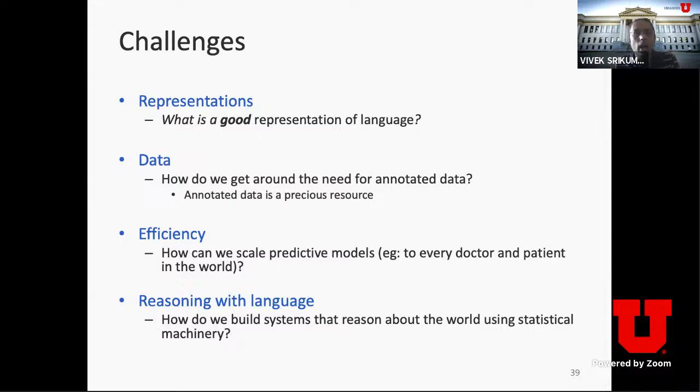Today's NLP systems are ridiculously compute hungry. There was a paper in 2018 that talked about how training a certain model called BERT, or a version of it, used up so much energy from the cloud compute system where it was trained.